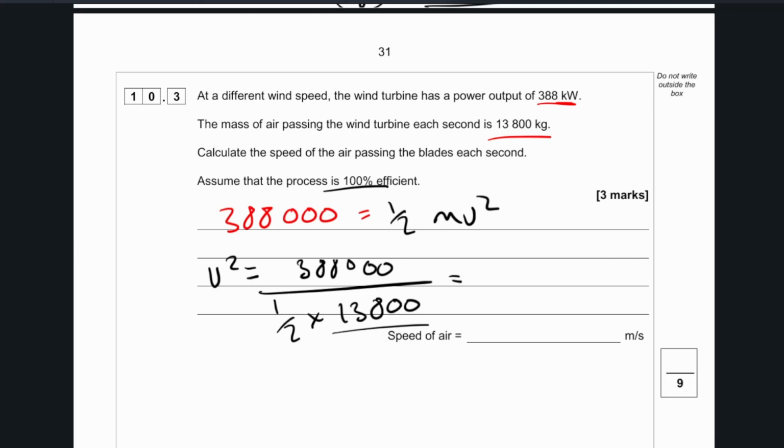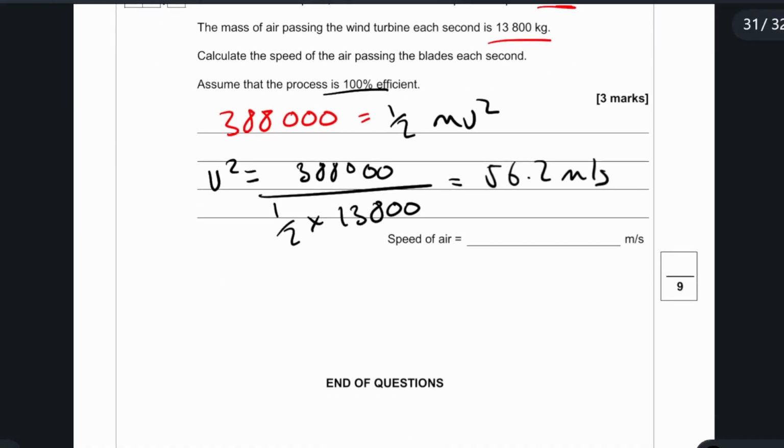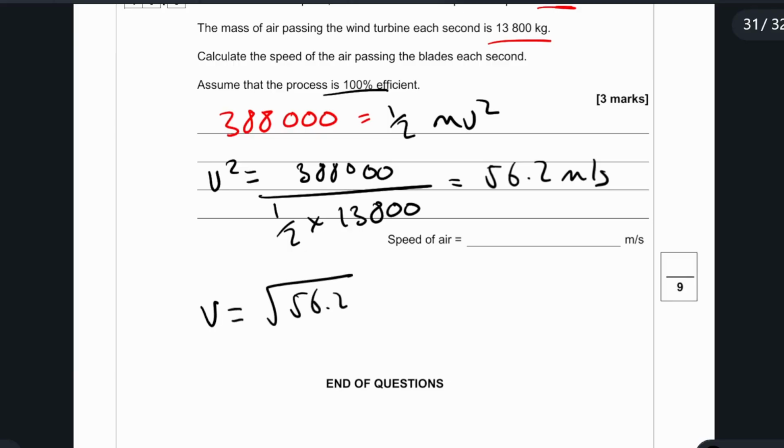So because everything is per second, we can use it as the energy, not just the power. And so if you plug this into your calculator, you should get v squared equals 56.2, and therefore v would just be equal to the square root of that, and you should get approximately 7.5 meters per second. Okay, so hopefully that makes sense.